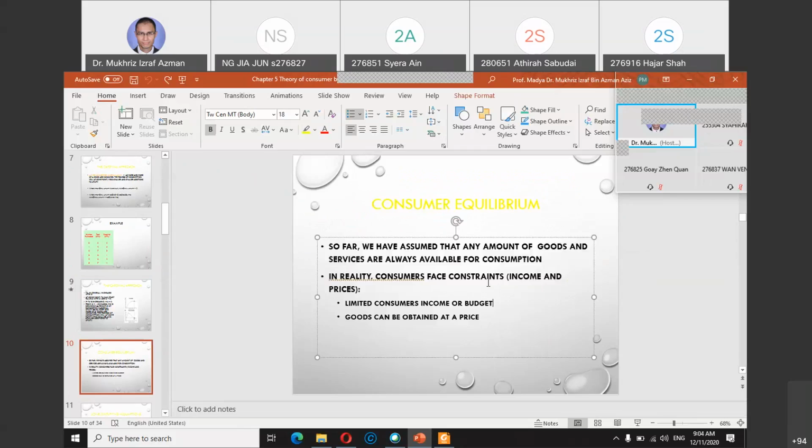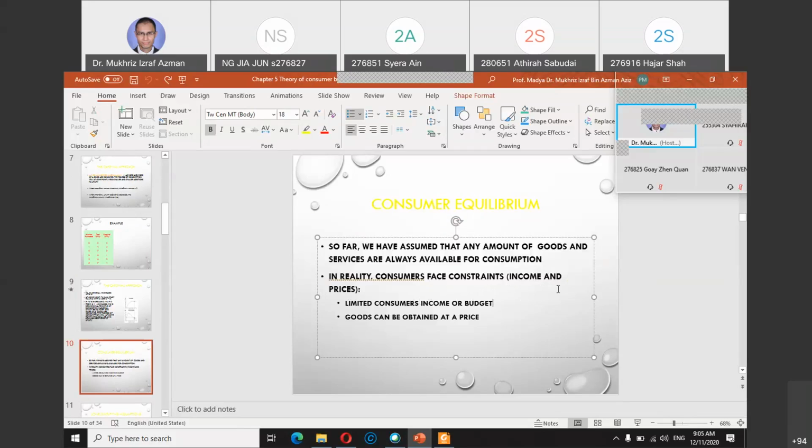How much a person can buy depends on how much income the person has, and is also affected by the prices of the goods. You cannot simply buy more of one product; it depends on the price. If the prices of good X and good Y are high, you can only buy a few of the products. But if the prices are low, you can buy more.